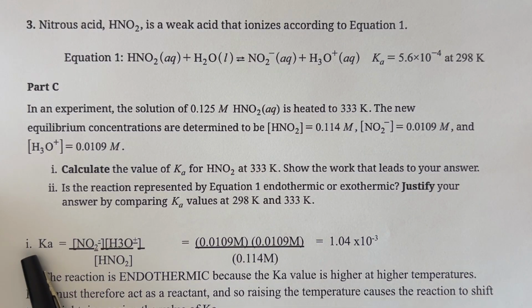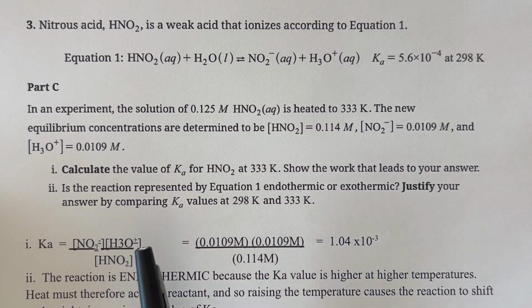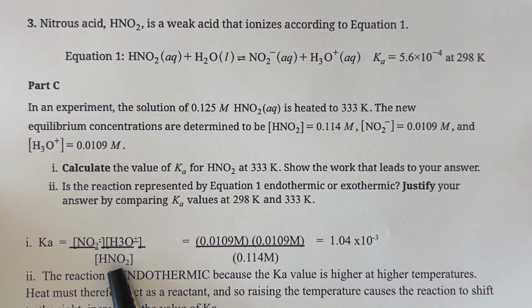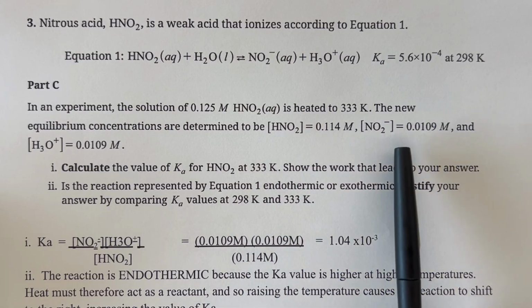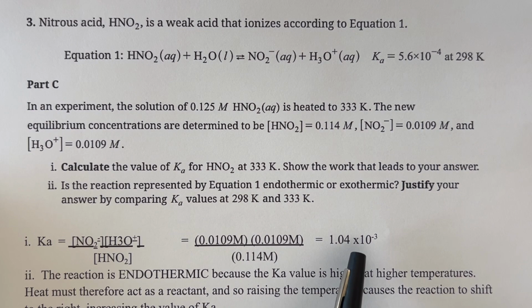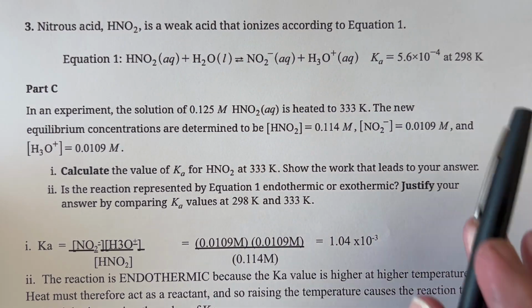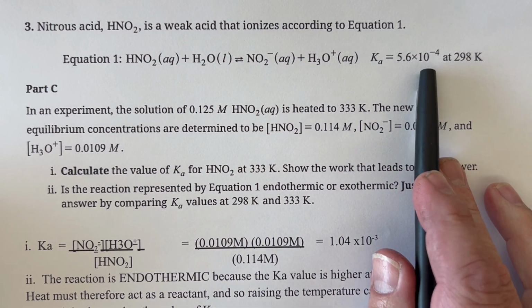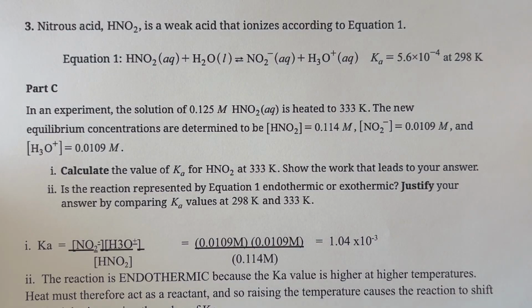So the Ka expression is NO2 minus times H3O plus over HNO2. I plug in the values that are given to me up in here, and my answer was 1.04 times 10 to the minus third for the new Ka value. That happens to be a bigger value than this one, okay? And so I have to sort of interpret that.